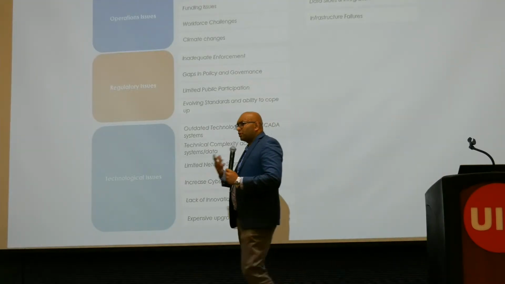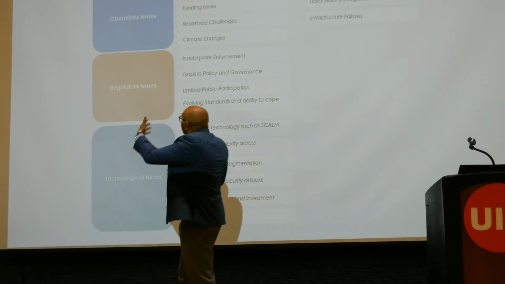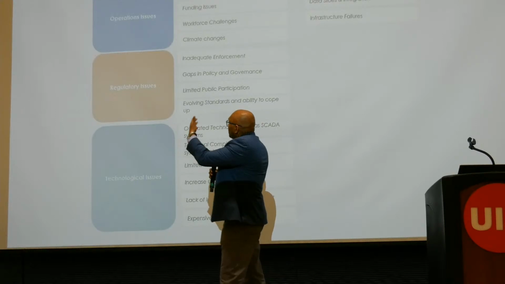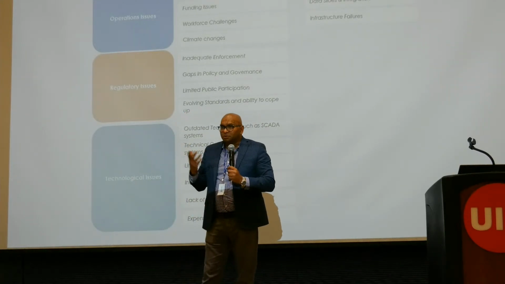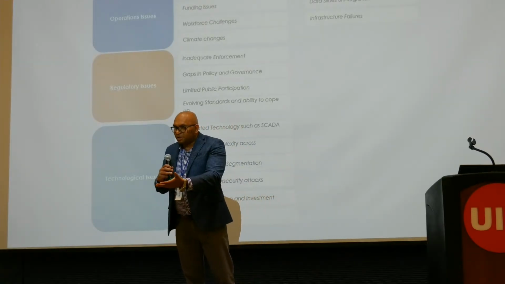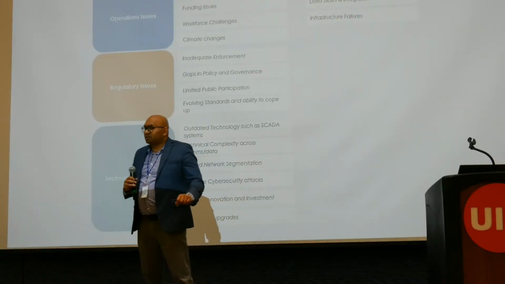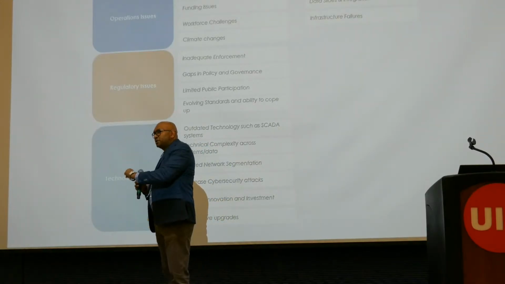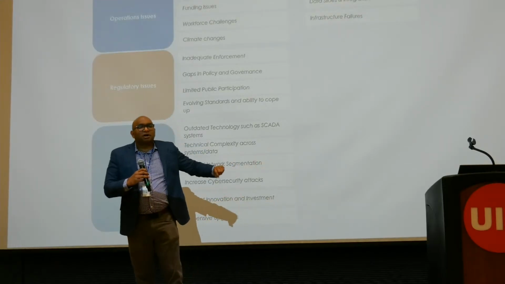Why isn't wastewater management moving at the scale of AI? The challenges are classified into three things. One is operational: these are systems, all these SCADA systems from the 1950s and 70s, decades old, and it's not easy to change them.